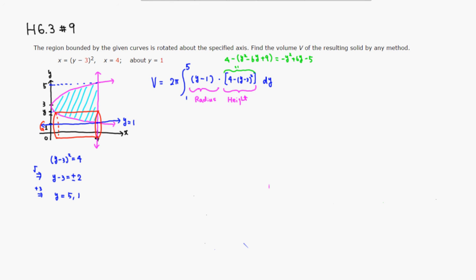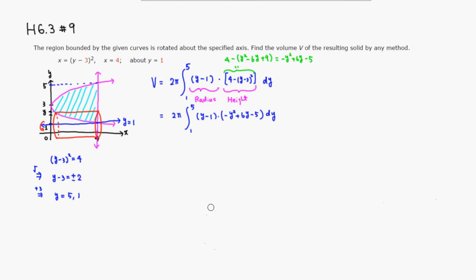So what we get is 2 pi times the integral from 1 to 5 of (y minus 1) times (negative y squared plus 6y minus 5) with respect to y. Then I'm going to go ahead and multiply out and simplify.